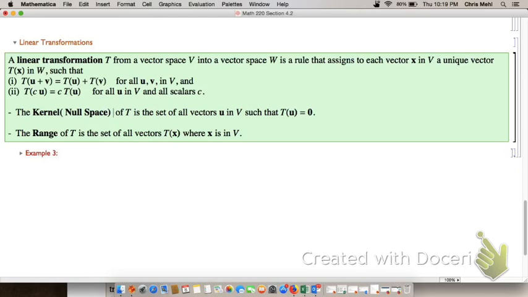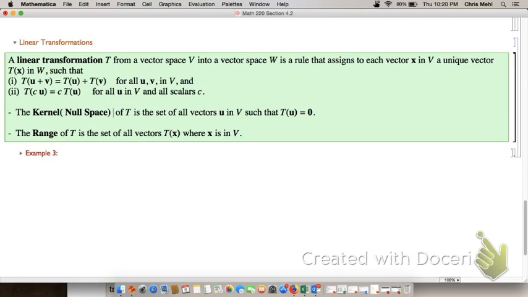Again, the vector spaces V and W can be Rn or Rm themselves. They can be subspaces of Rn or Rm, and even more generally, they could be the set of all polynomials of degree at most n. We're going to see the set of all functions that are differentiable and have continuous derivatives is also a vector space, and same with the set of all continuous functions on a particular closed interval.